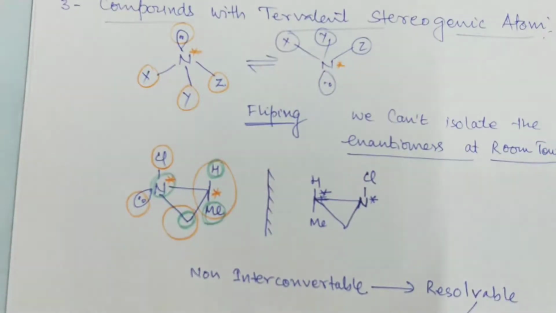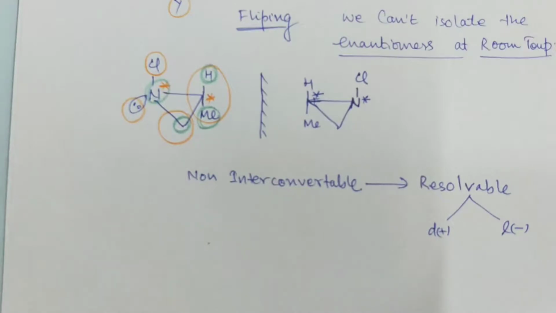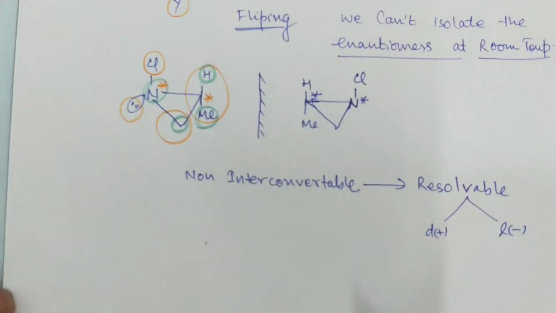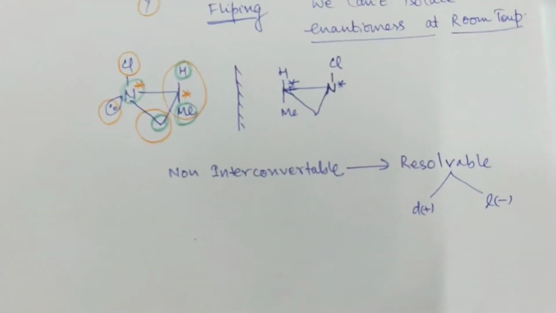Resolvable into D plus and L minus. So you can resolve them into D plus and L minus. So this is the third type of compounds having a stereogenic atom.